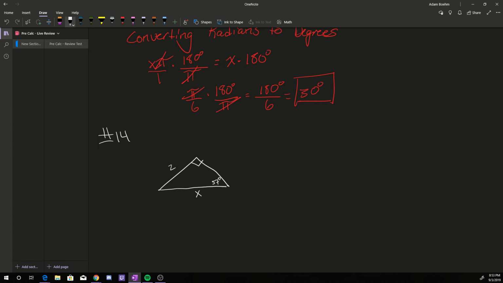And it's asking you to find the length of this x. And this x, that's the hypotenuse. And this 2 is the opposite side.